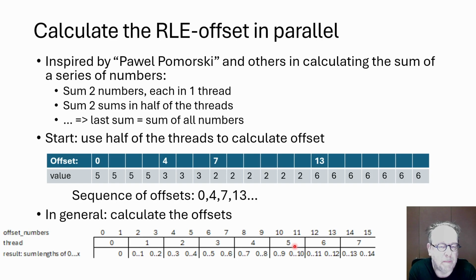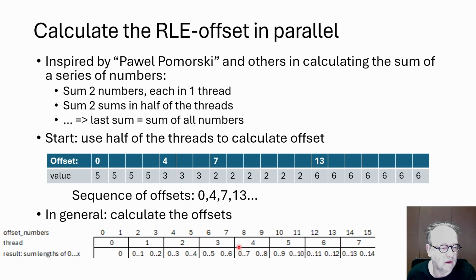We will do something a bit similar to calculate the offsets, but our task is a bit more difficult because, remember, we need to have all the offsets, not just a final value. So if we have 16 lengths, 16 of those lengths of the sequences, we will indeed have half the amount of threads. And to place the values, you always need the final offset.